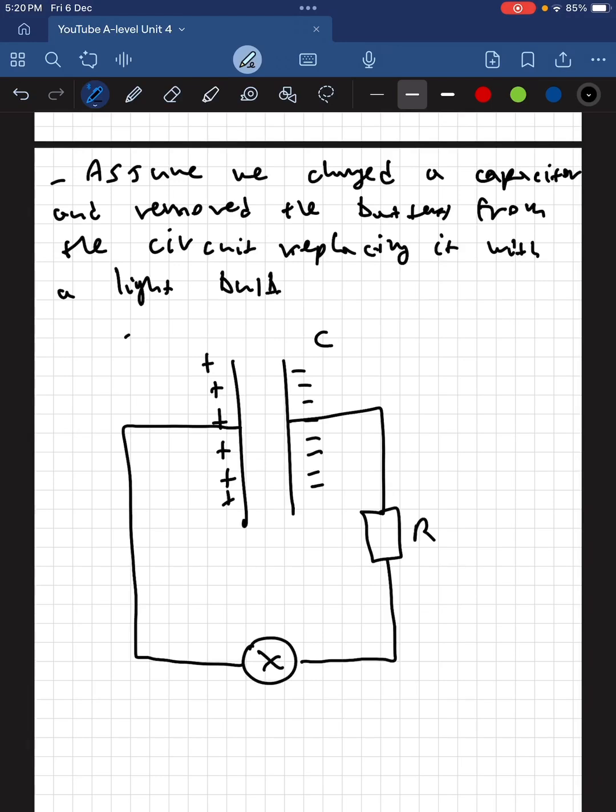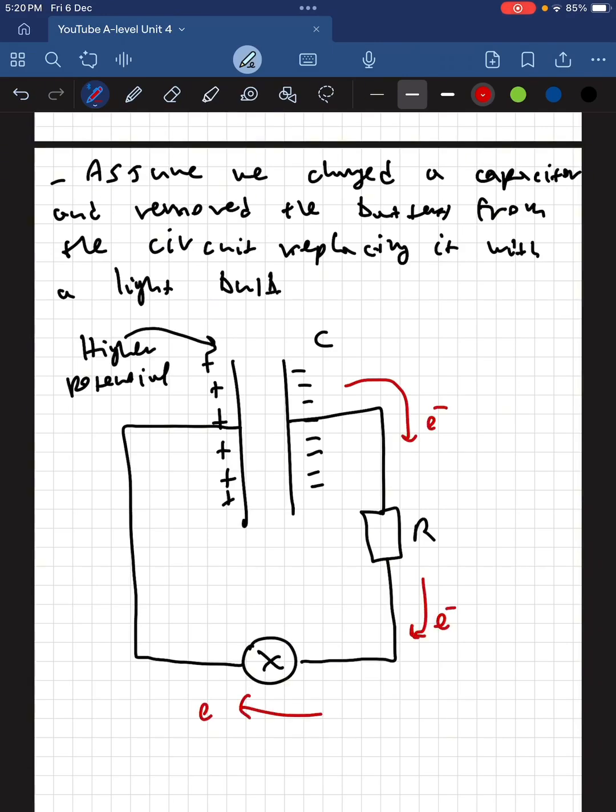So recall that this is at a higher potential, right? Higher potential compared to the negative plate. Therefore, electrons are going to start flowing in this circuit, right? Therefore, the potential V of this capacitor is going to start dropping gradually, okay? Eventually, it's going to become 0.